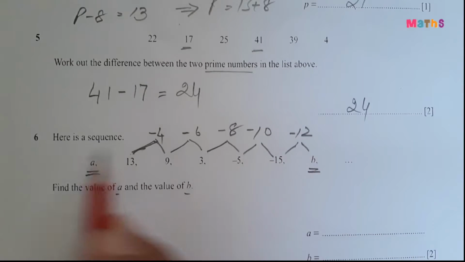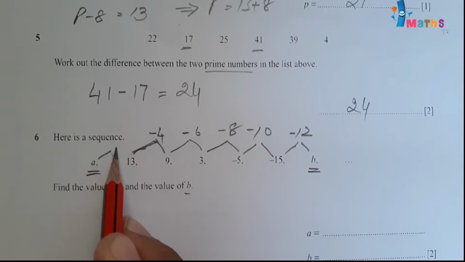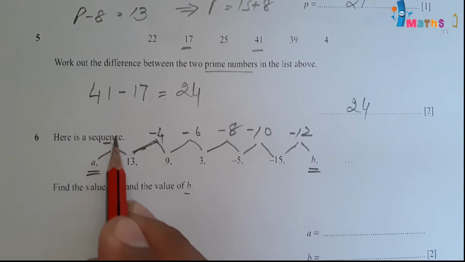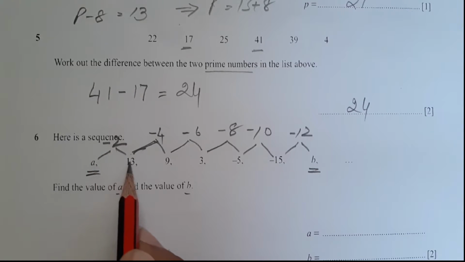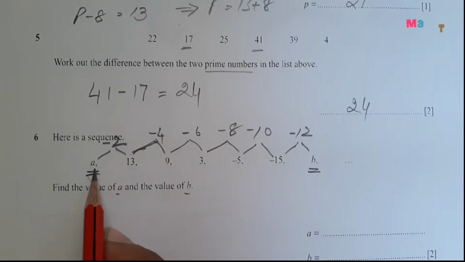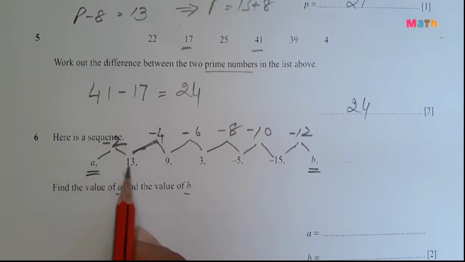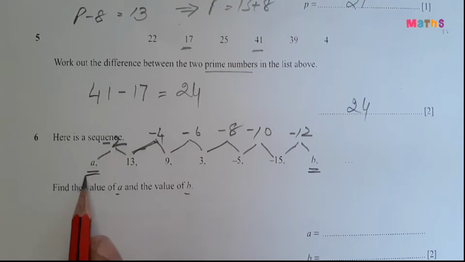And if we write the difference between A and 13, it will be minus 2. So if we are requiring the previous term of 13, we'll have to add 2.